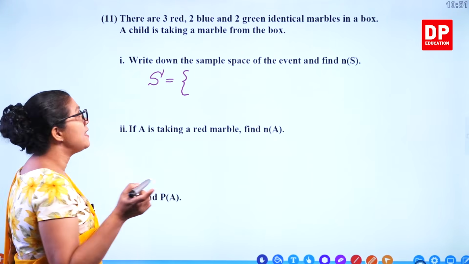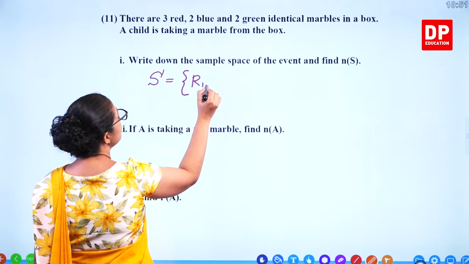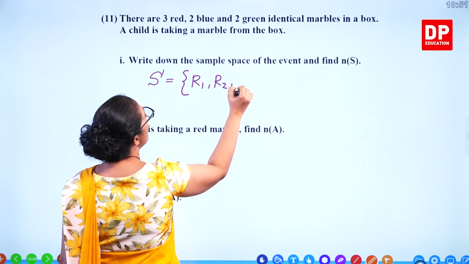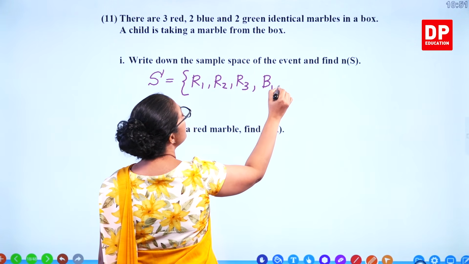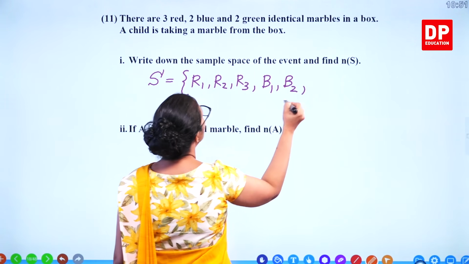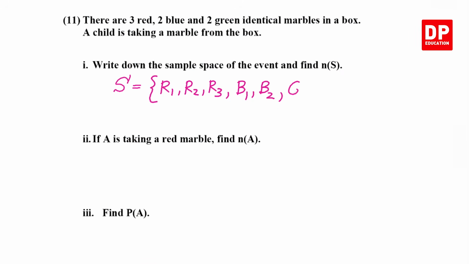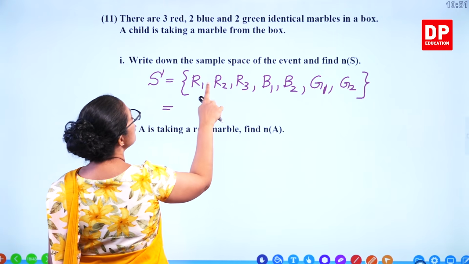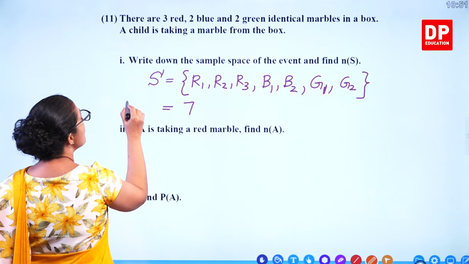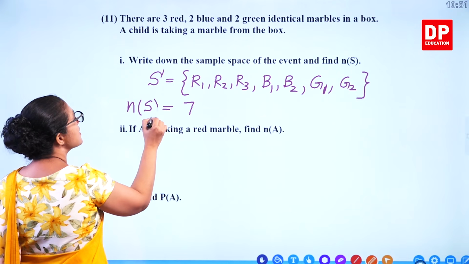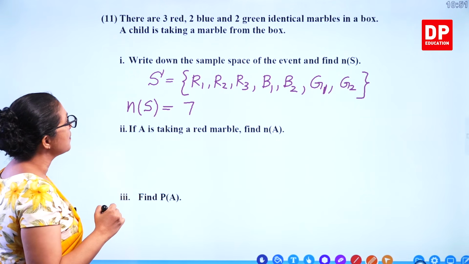So we have to label it as R1, R2, R3. 3 red ones. 2 blue ones, B1, B2. And 2 green ones, G1 and G2. So all together, how many possibilities? You can get 1, 2, 3, 4, 5, 6, 7 possibilities. So number of outcomes in S is equal to 7.